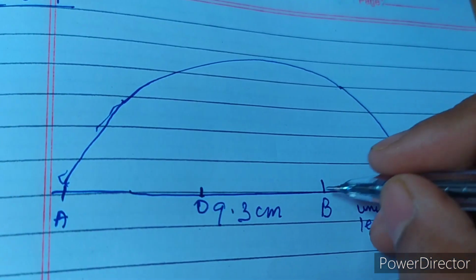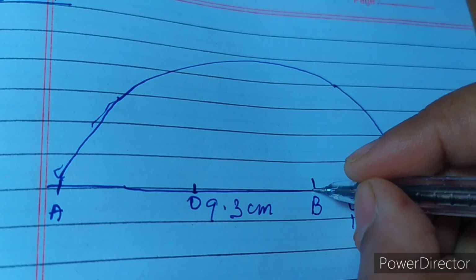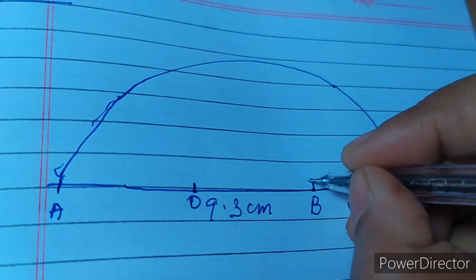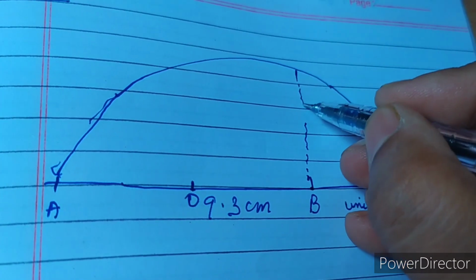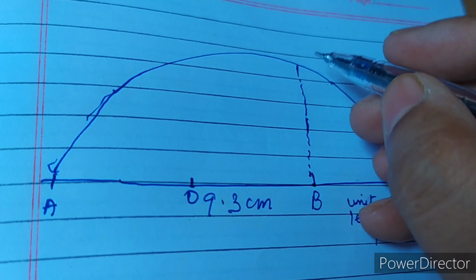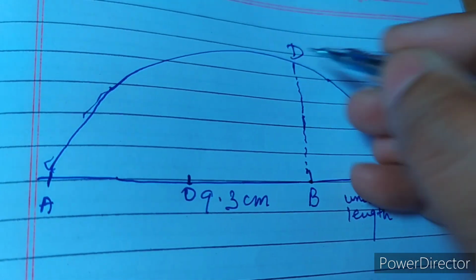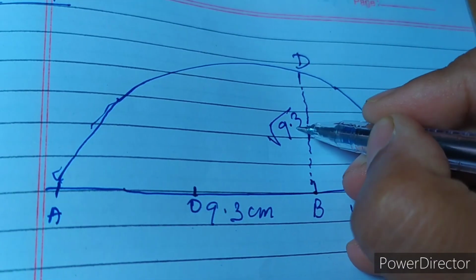Now what you will do is take the point B and draw a perpendicular to this semicircle. When you draw this perpendicular from B on the semicircle, name it as D. So this BD will represent under root 9.3.